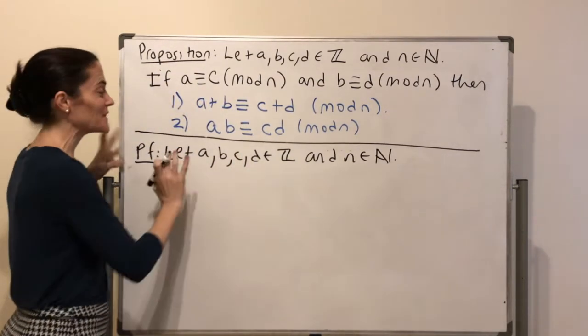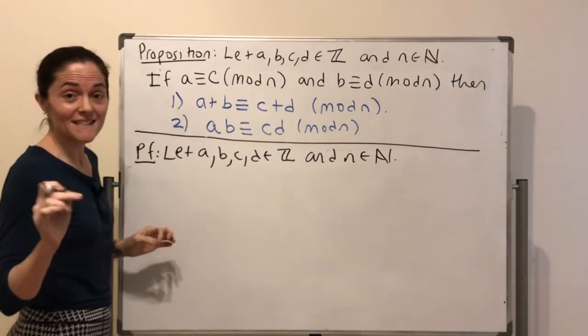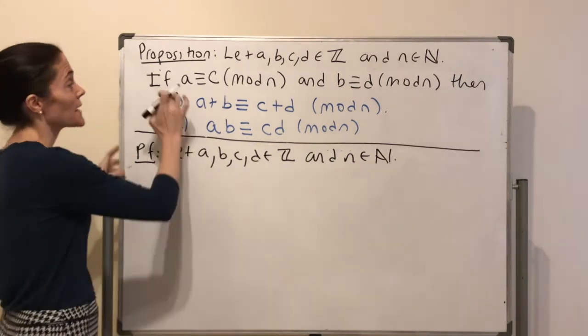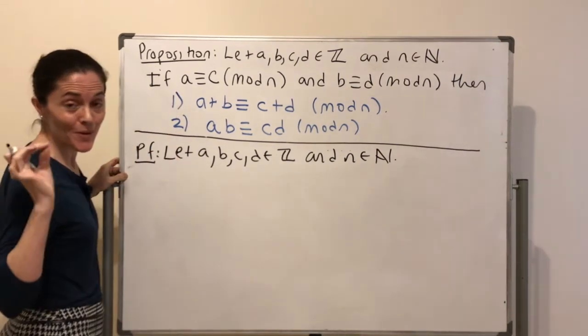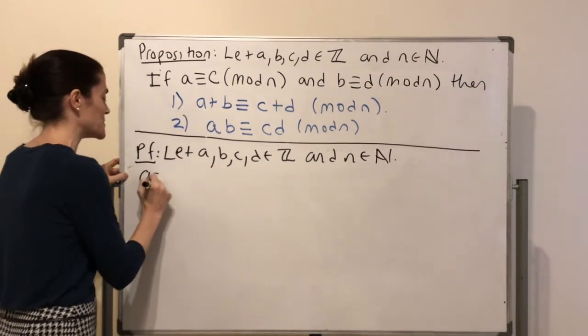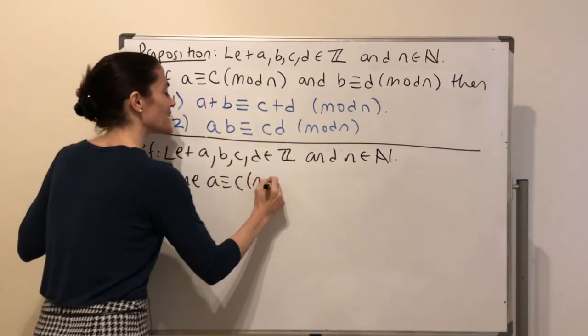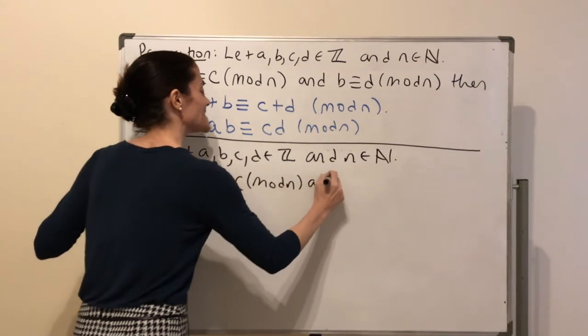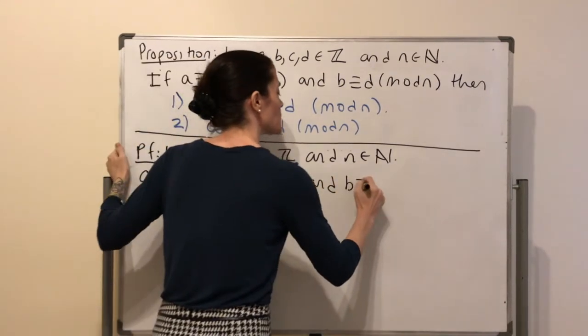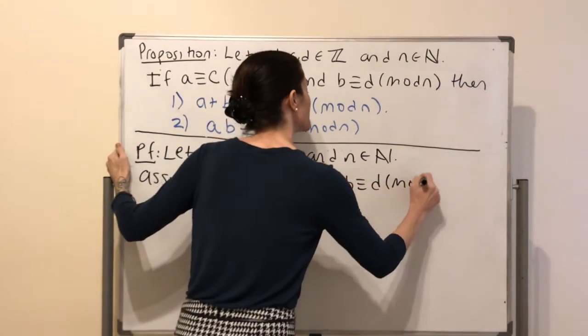For the proof, let a, b, c, d be integers and n a natural number. Now, this here we are assuming for both 1 and 2. So we assume a is congruent to c mod n, and that b is congruent to d mod n.